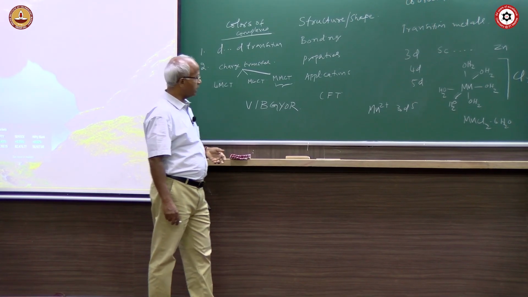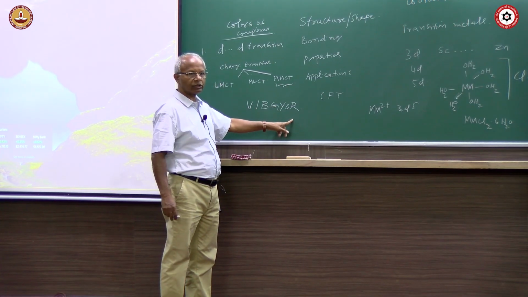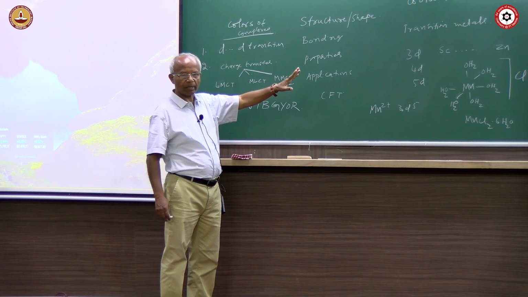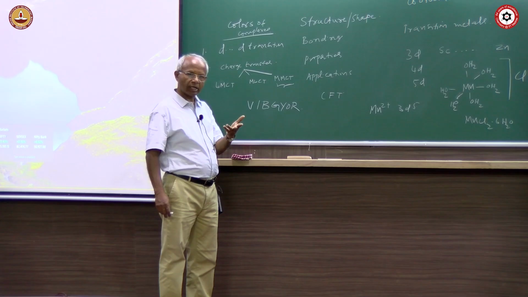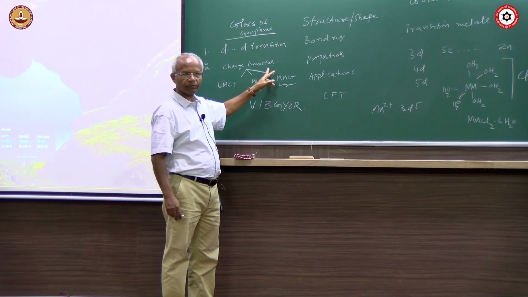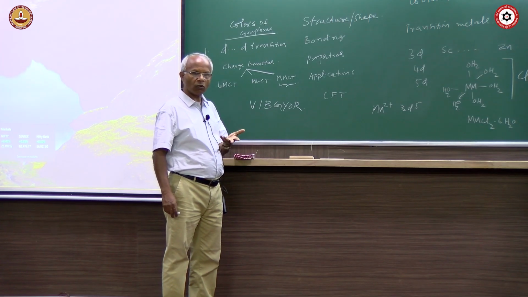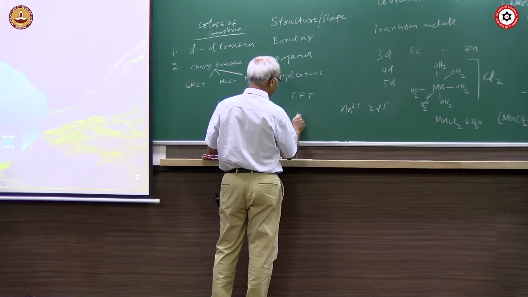These colors arise in transition metals because they all contain unpaired electrons. If they are paired and still colored, that is for a different reason, which could be due to charge transfer. So some of the complexes which have no unpaired electron are colored. Permanganate is an example.